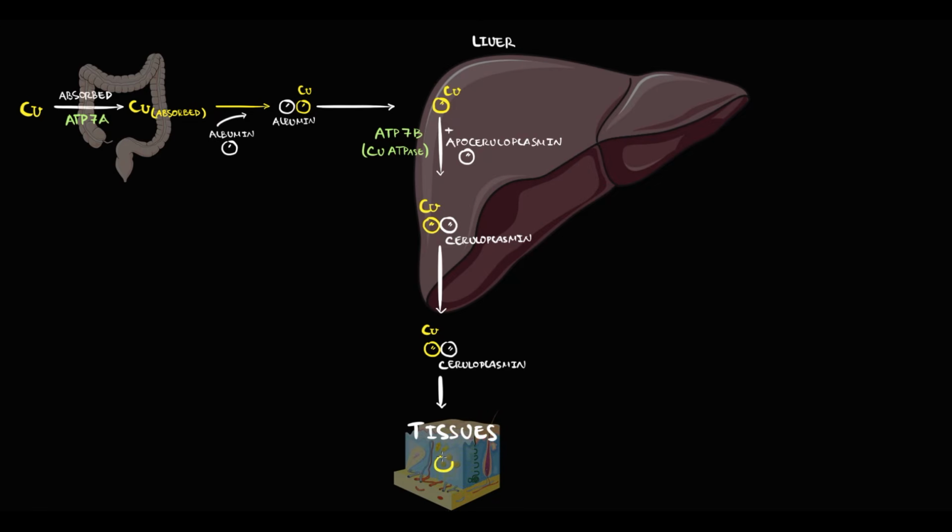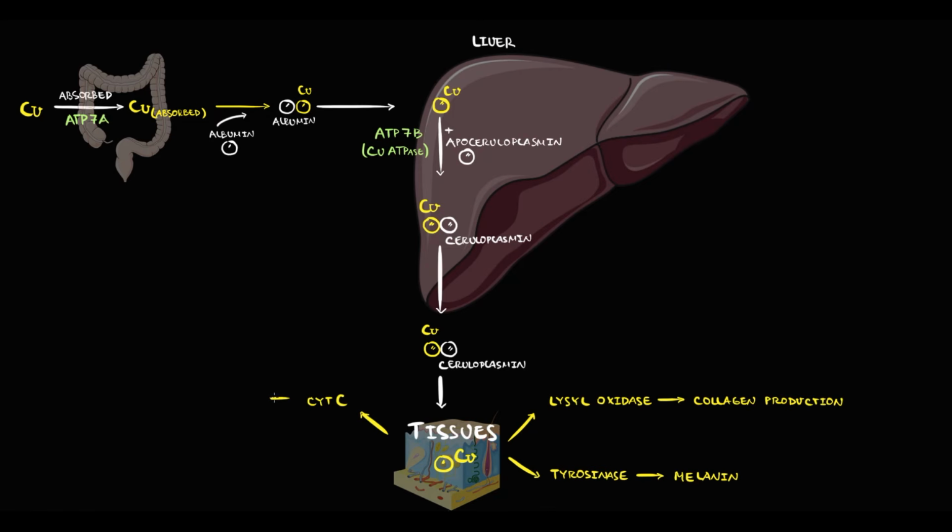Why do tissues need copper? First of all, copper is a cofactor of lysyl oxidase, and lysyl oxidase is a crucial enzyme for collagen production. Also, copper is a cofactor of tyrosinase, which is a crucial enzyme in melanin production.